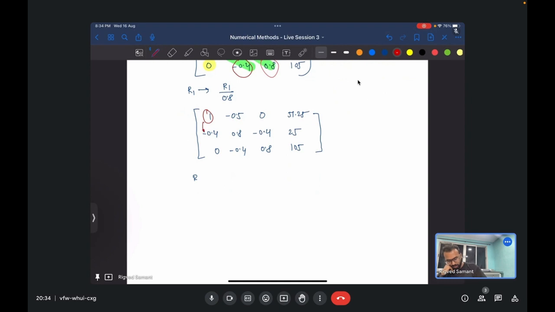This is already 0. So R2 would be R2 plus 0.4 R1.